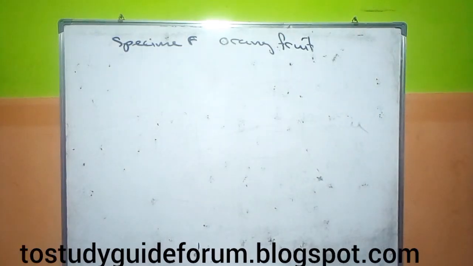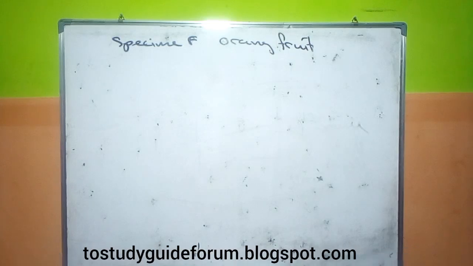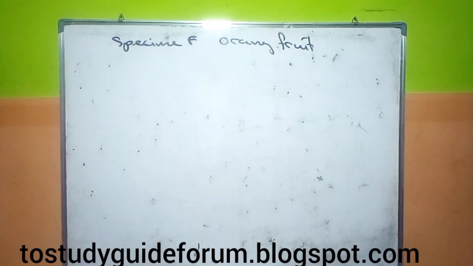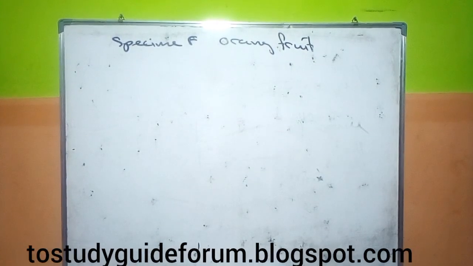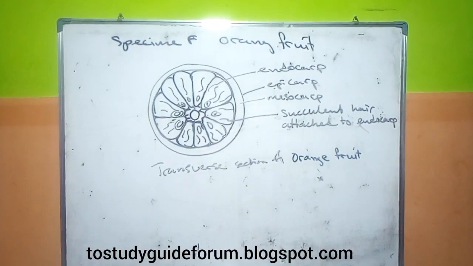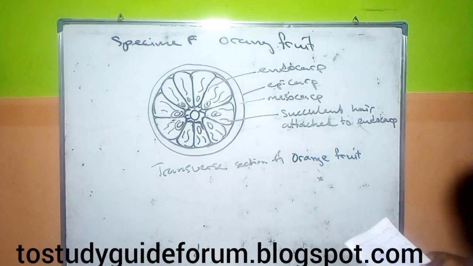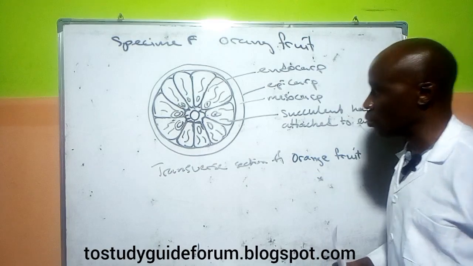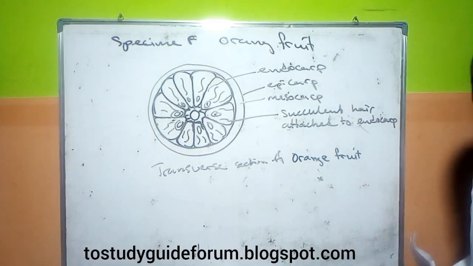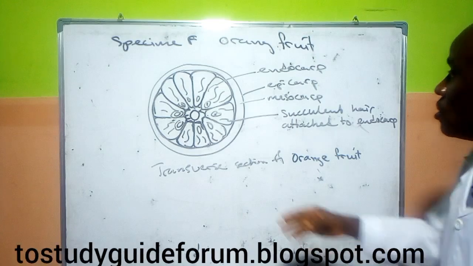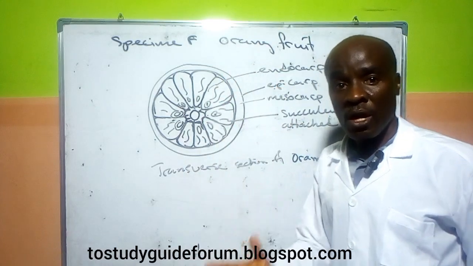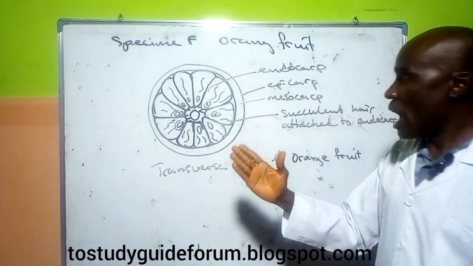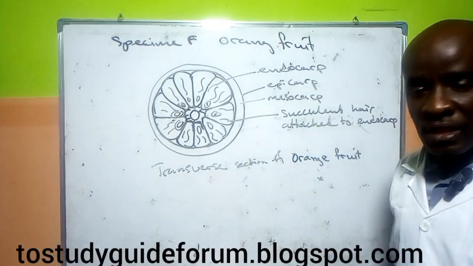We're going to be cutting it. Now this is a sketch of what we expected to do. That is what we are looking at. That's likely to come out now, because you are going to see an orange that is cut transversely.